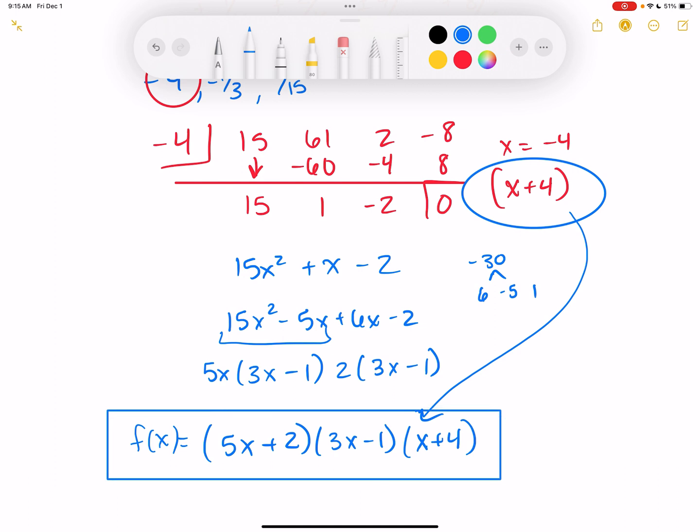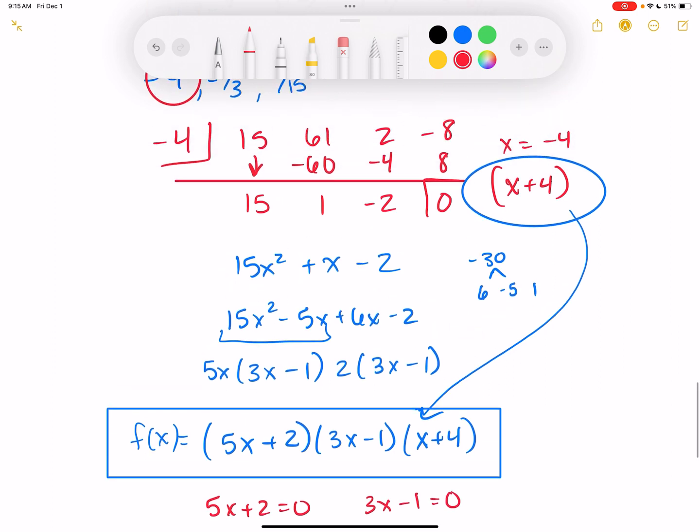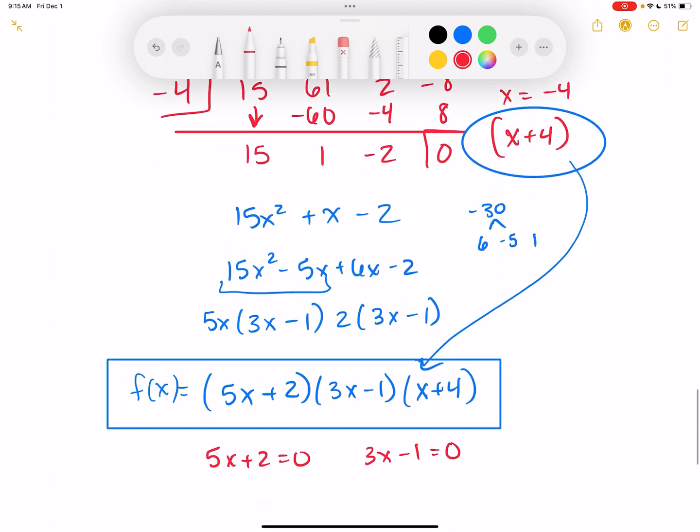Now, if the problem wanted me to say which other numbers were zeros as well, that was part of what it asked for. Because of the route that we went, I just need to write what the other zeros are. And that just means setting each of these things in parentheses equal to 0 and solving for x. So 5x plus 2 equals 0, and 3x minus 1 equals 0. We had already said that -4 was one, so I just need to figure out the other ones.